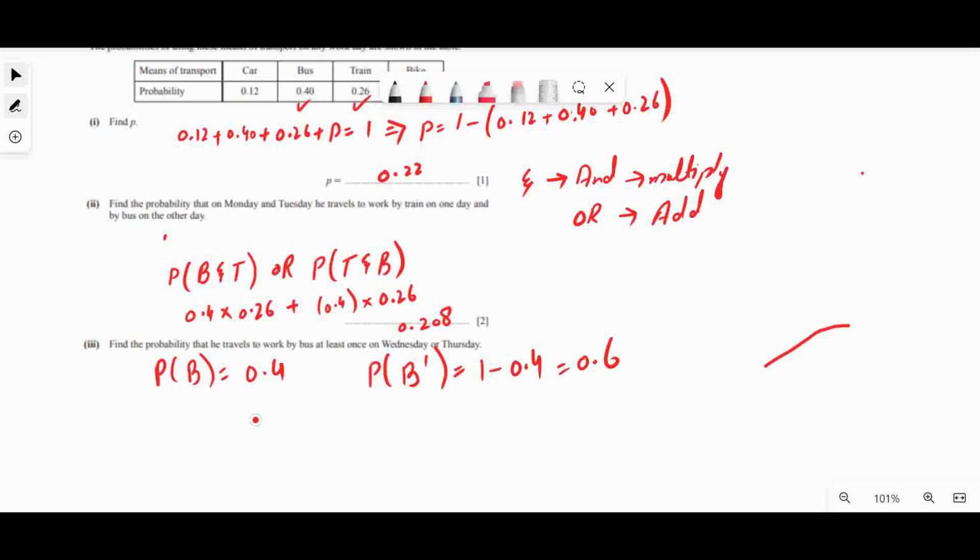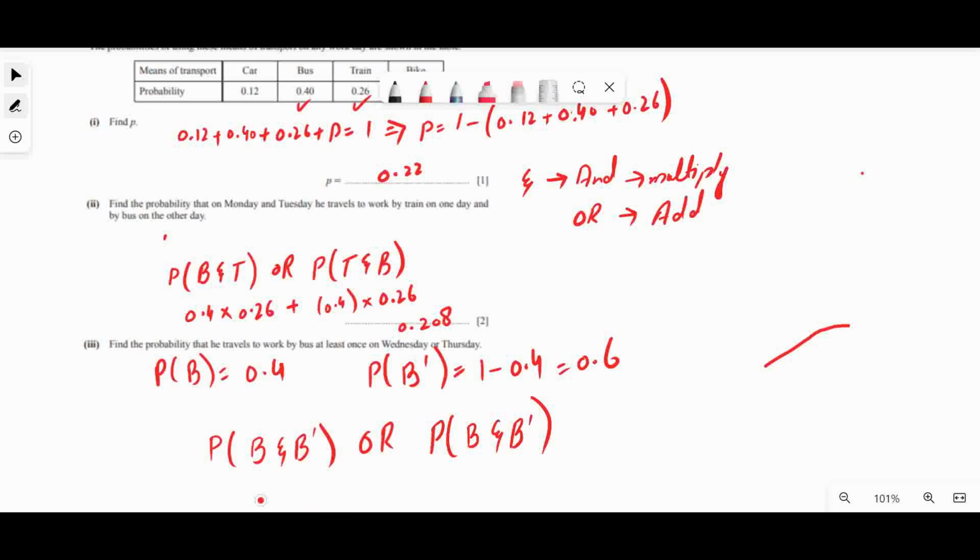Now the question is that he travels to work by bus at least once on Wednesday or Thursday. So let's say for Wednesday, by bus and not by bus, or on Thursday, he travels by bus and not by bus.